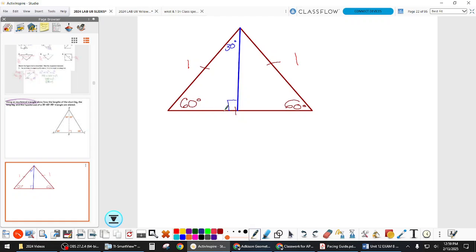If we call all side lengths 1, how long is this piece? Yeah, it's a half. Okay? So that's our first relationship in a 30, 60, 90. The short side, the side opposite of the 30, is 1/2 of the hypotenuse. Which is nice, right? There's no square root there. It's just 1/2 of the hypotenuse.